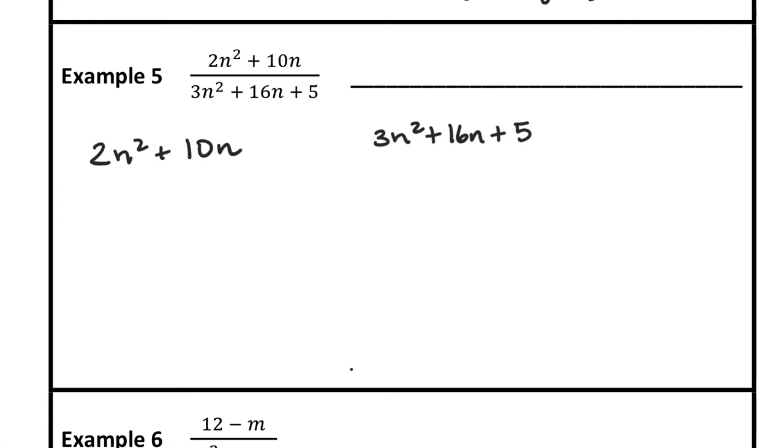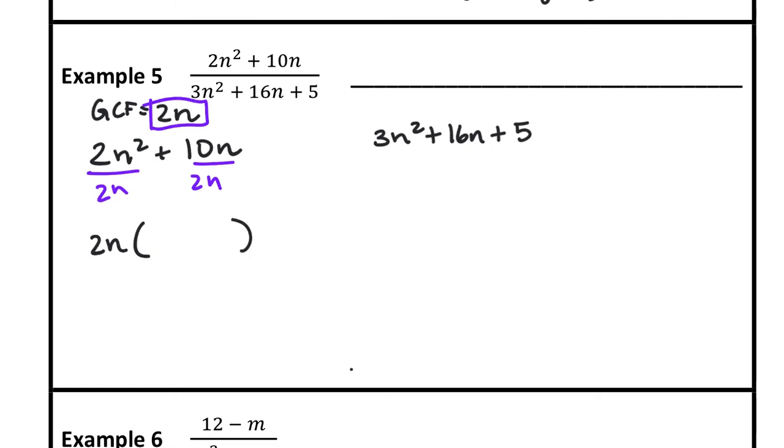Do I have a GCF? Yeah, both 2 and 10 are divisible by 2, and both of them have an n. So what do I usually do? I take this GCF and I divide it. And I write out the GCF, parentheses. Right, so 2 divided by 2 cancels.